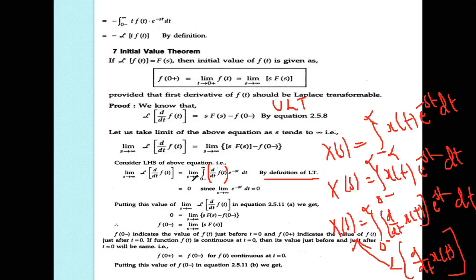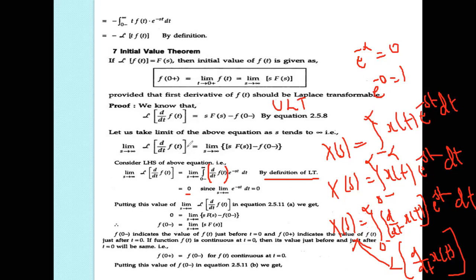When we substitute the limit s tends to infinity, e power minus infinity, what is it, my dear students? e power minus infinity is always 0, and e power 0 is 1. Taking the limit s tends to infinity of e power minus s t, substituting s as infinity, it becomes 0. So LHS is equal to 0.